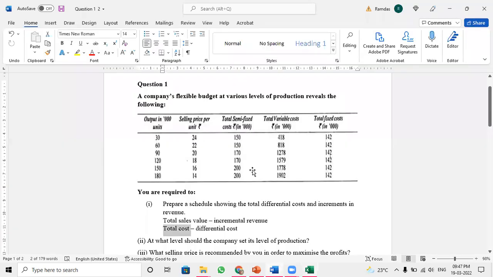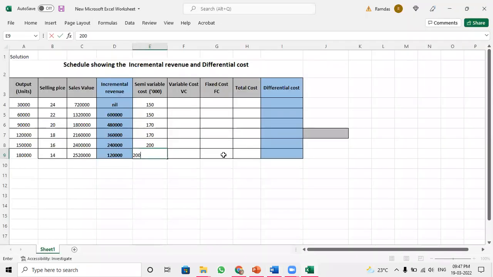Similarly, the variable cost is also given, and we take the same variable cost, expressed in thousands, into the column.